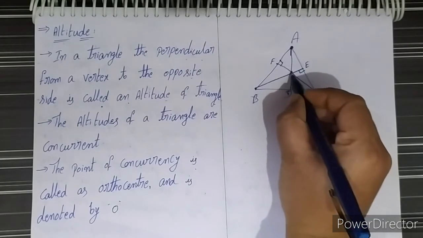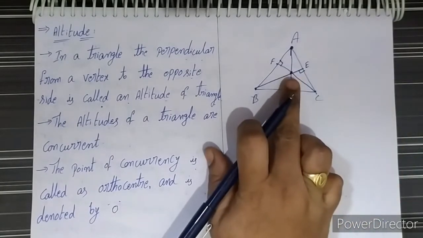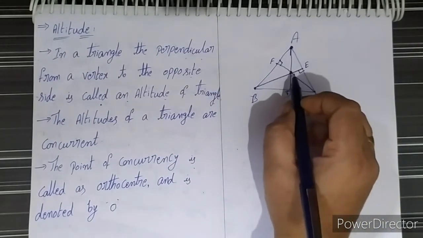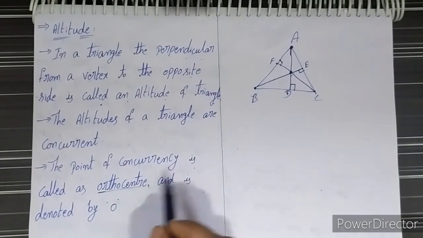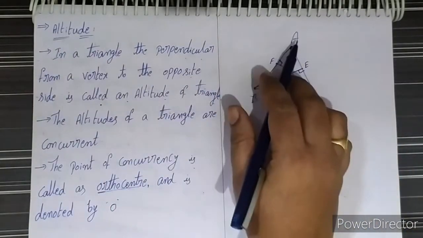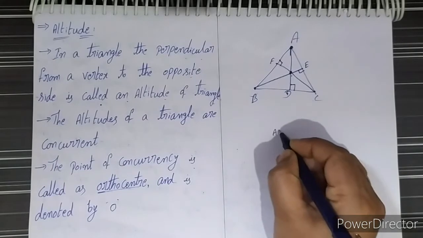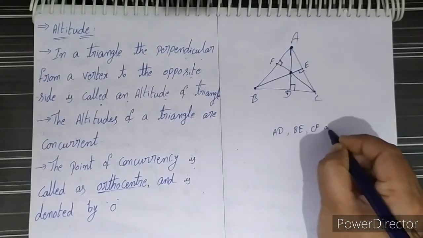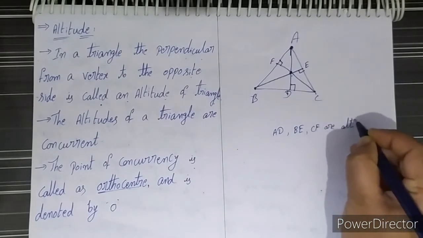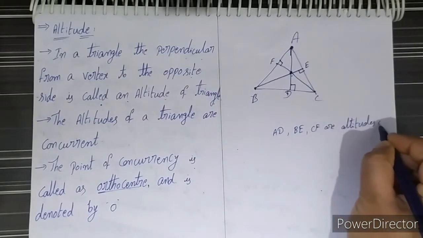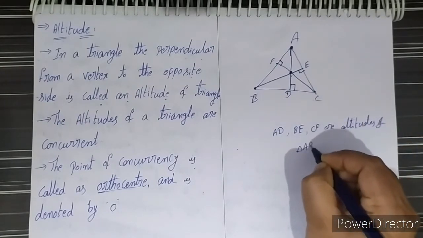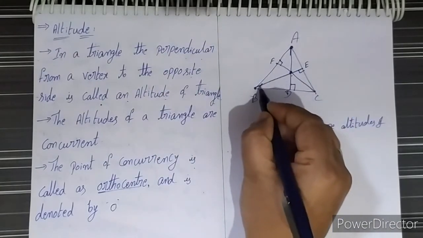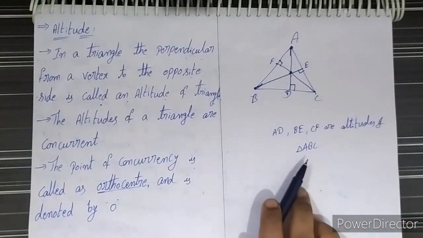These three intersect in a single point. That intersection point is called the orthocenter. AD, BE, CF are the altitudes of the triangle ABC.